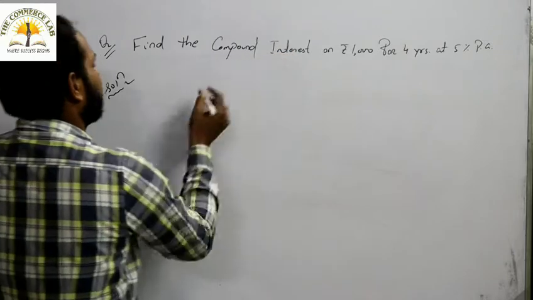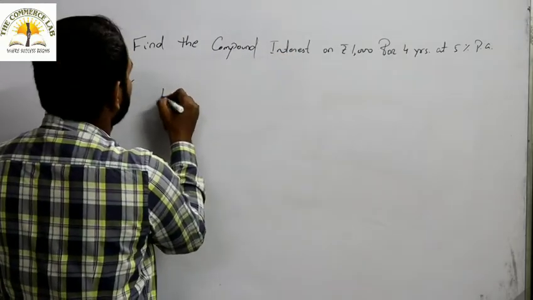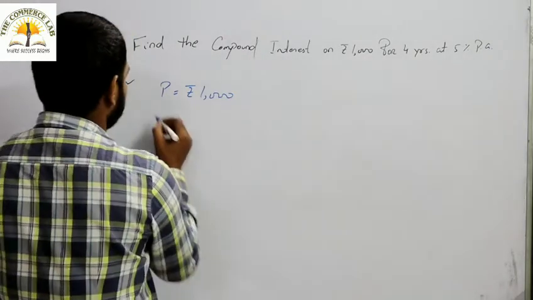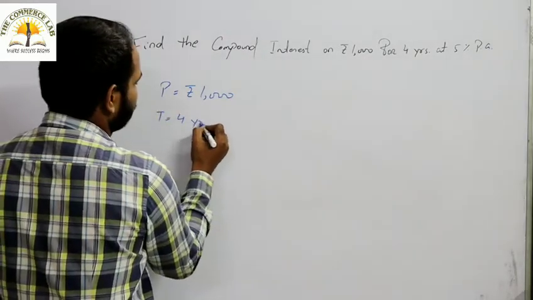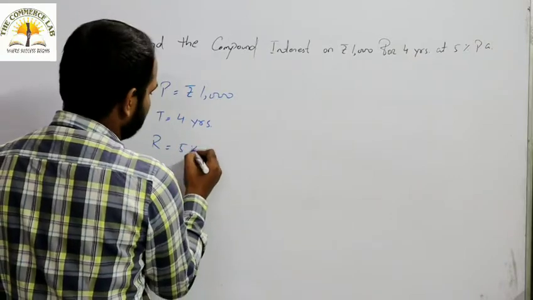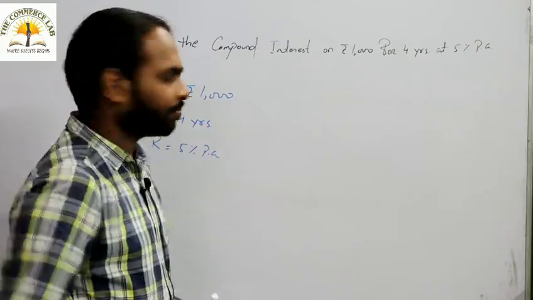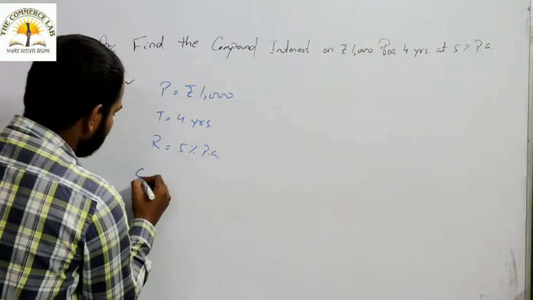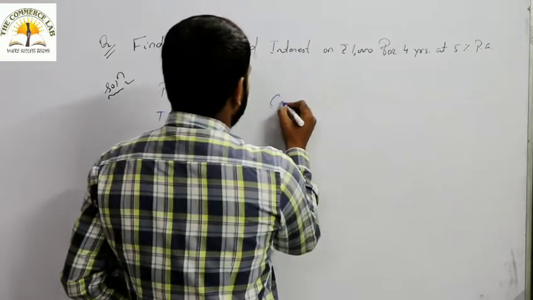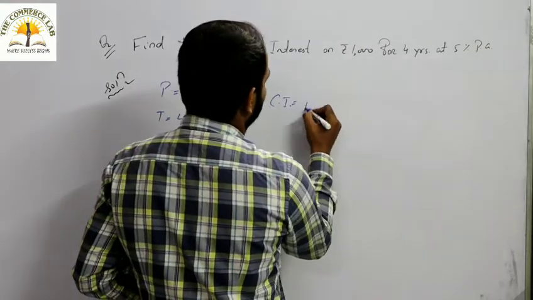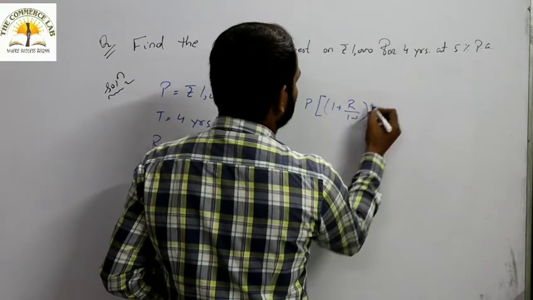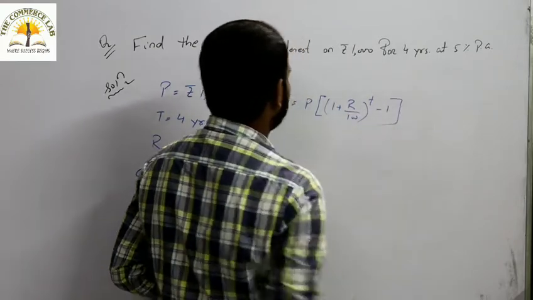So first write down the data. P equal to 1000 rupees, T equal to 4 years, rate of interest R equal to 5% per annum. Then CI equal to P into (1 plus R by 100) to the power T minus 1.